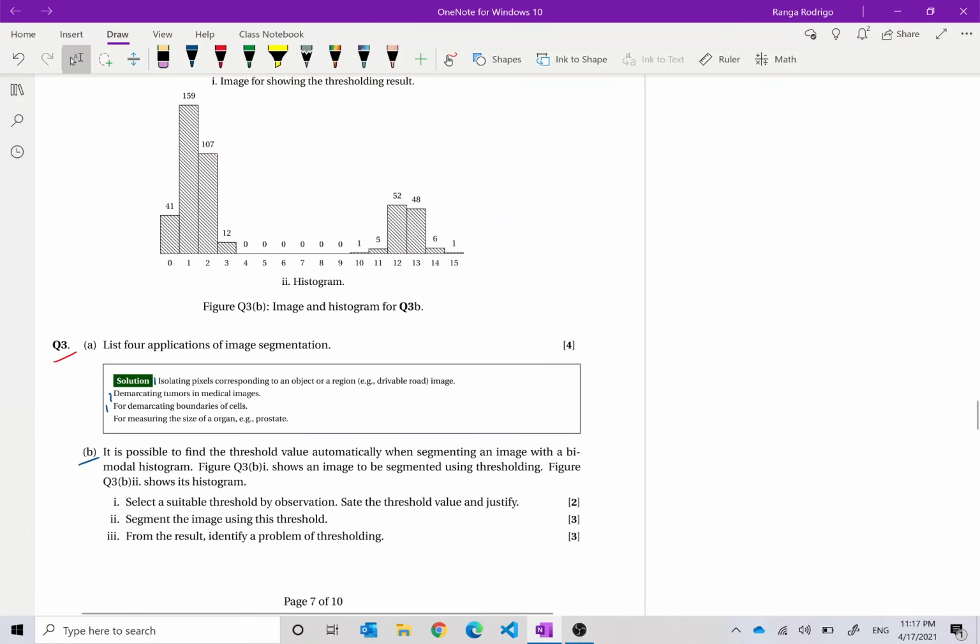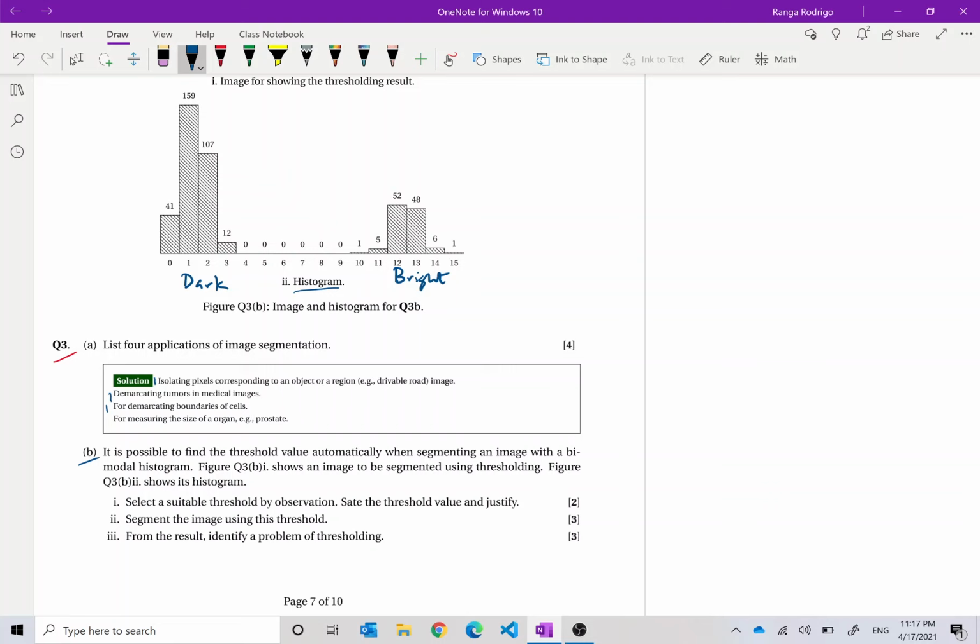So when you look at the histogram, you can see there are two modes. These correspond to dark pixels, these correspond to bright pixels. So you can see in a very dark background, this must be a bright object.